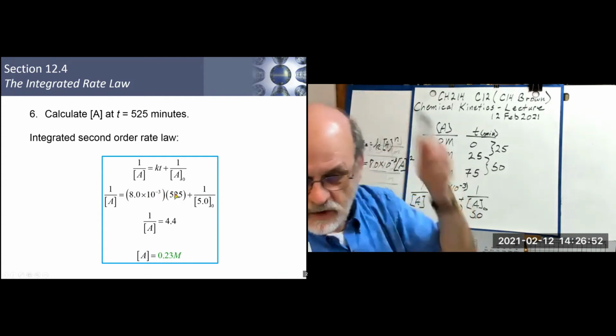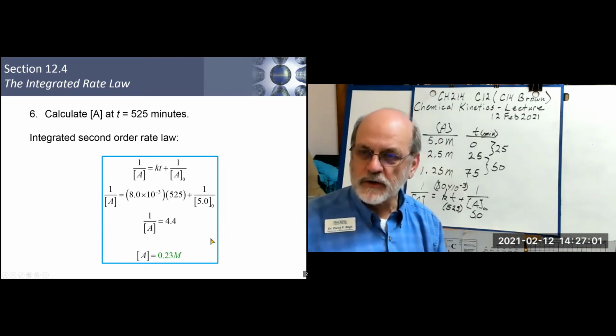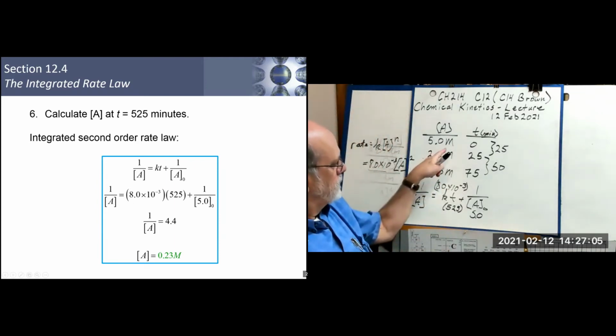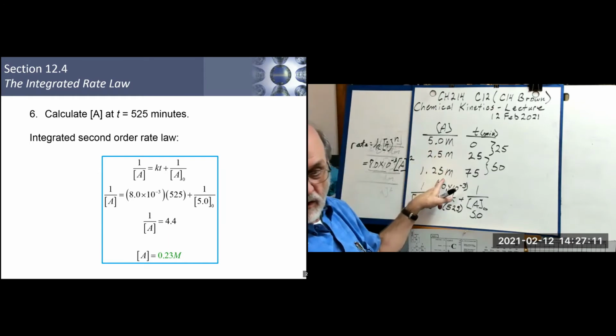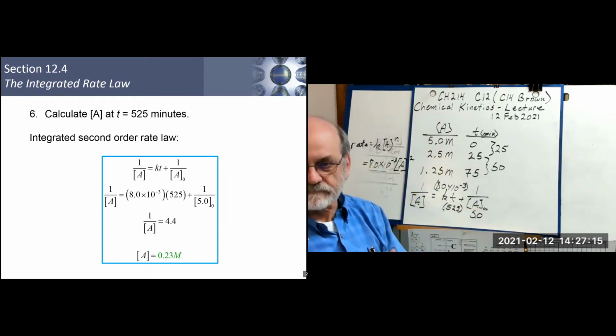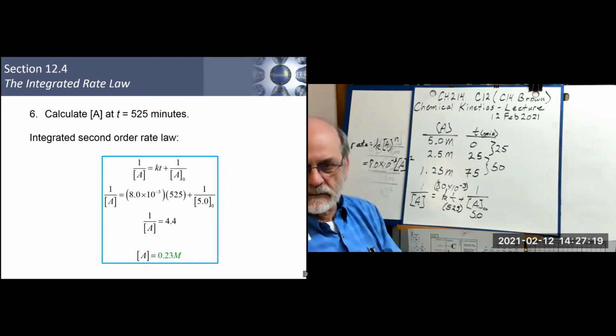So there's your KT, and there's your reciprocal of A0, and there's your value. 0.23 molar. So starting with 5 molar, after 525 minutes, you're all the way down to 0.23 molar of A. Okay?